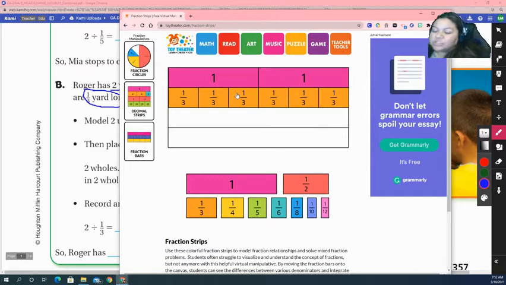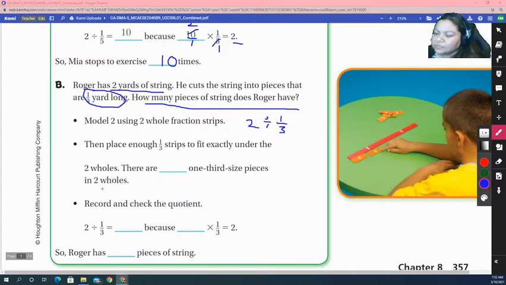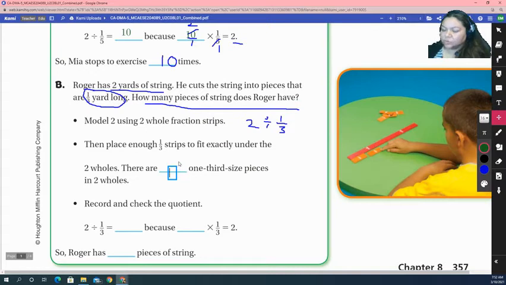That would be my quotient, the answer to my division problem. So 2 divided by thirds equals 1, 2, 3, 4, 5, 6. So that means that it equals 6. So there are 6 1/3 pieces in 2 wholes.